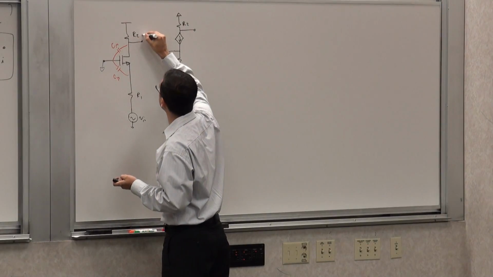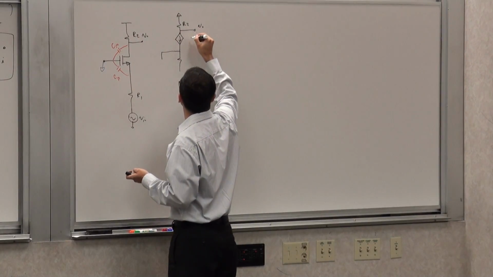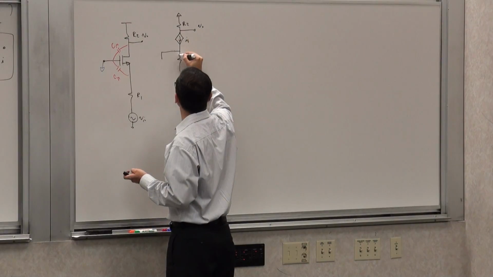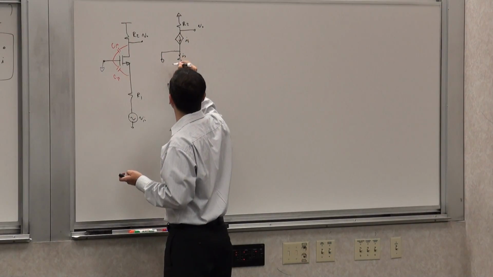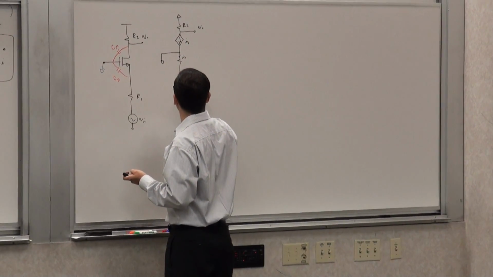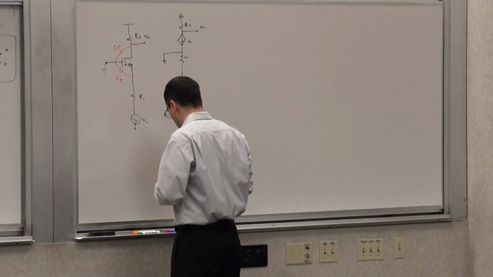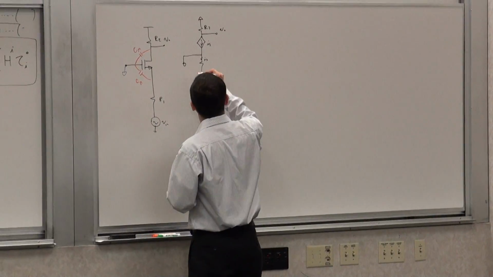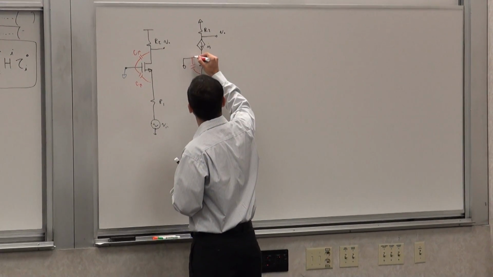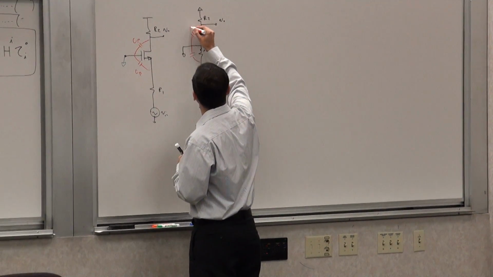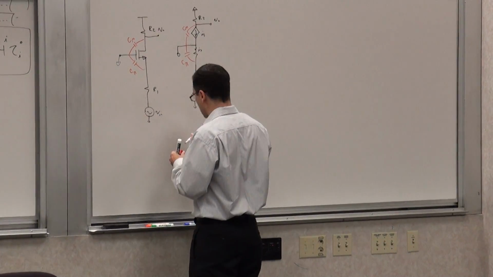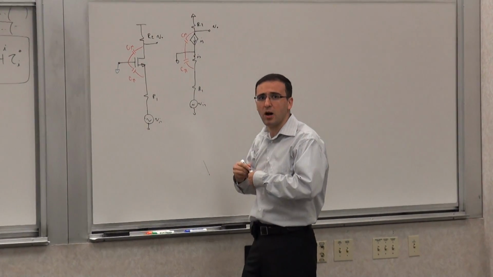And this is V out. And the capacitors are here and there. Let's find the time constants. What is tau pi 0?